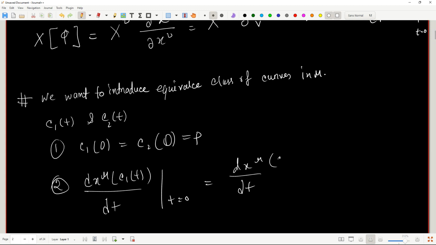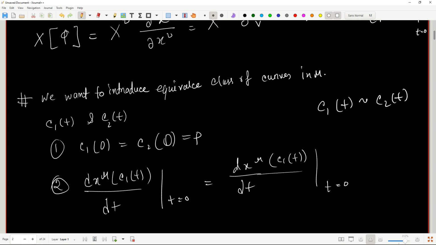That means the velocity, or so to say the tangent vectors, will also agree, and these two curves will yield the same differential operator X at P. That means they will give rise to the same tangent vector at P. So if these two conditions are satisfied, we write C1 of t is equivalent to C2 of t.